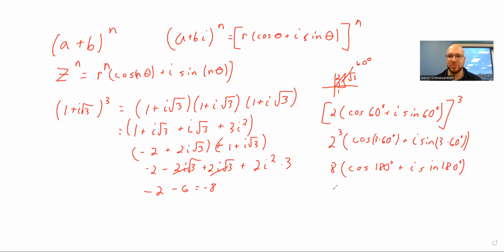I'm going to take this out of polar form. Cosine of 180 is -1. Sine of 180 is 0. So that's 8 times -1, -8, plus i times 0 is 0. So it's just -8, and I get the same thing either way. This was example 5.